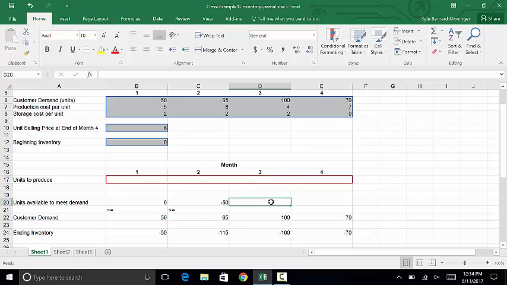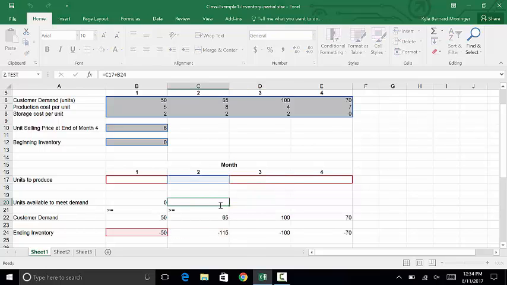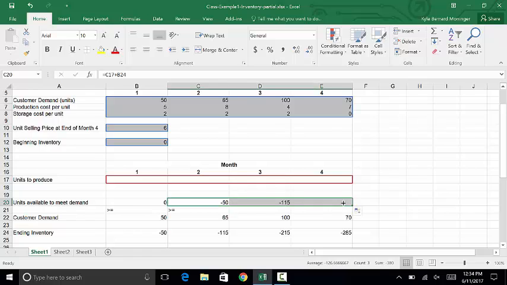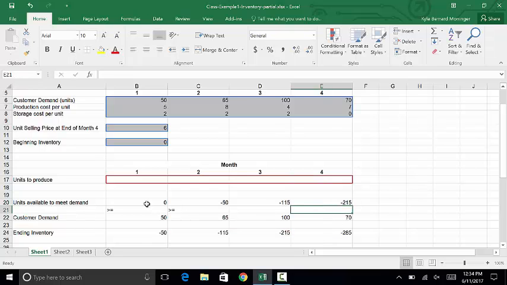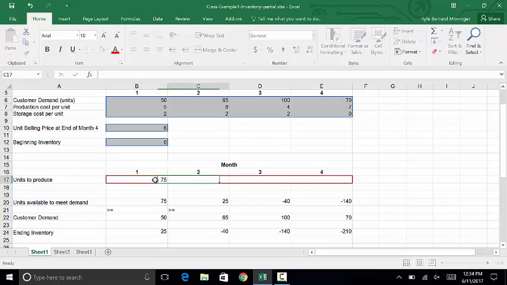Beginning inventory for month 3 is equal to the ending inventory of month 2. Instead of typing that though, I'm just going to drag this formula across. It's a little weird with negative numbers, so if that's confusing you, you can always just put in made up numbers to help with the formulas, to just make sure our formulas are working correctly.